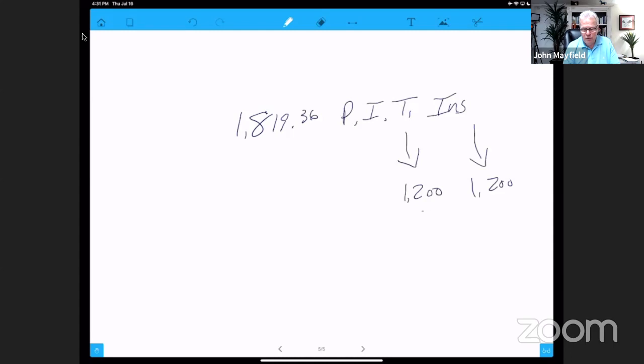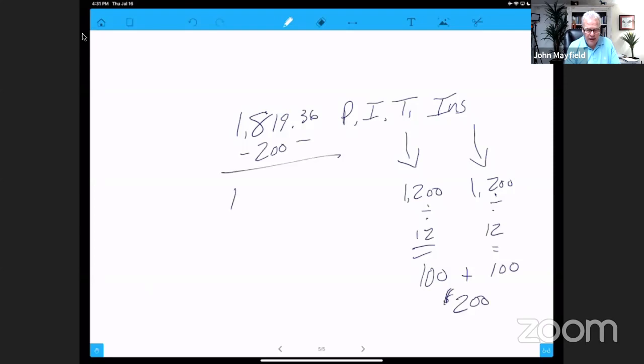All you have to do is divide those by 12, right? And so you would just subtract $200, and now you know what the principal and interest payment is. And this will be the number you'll work everything off of. I've seen them do that before.